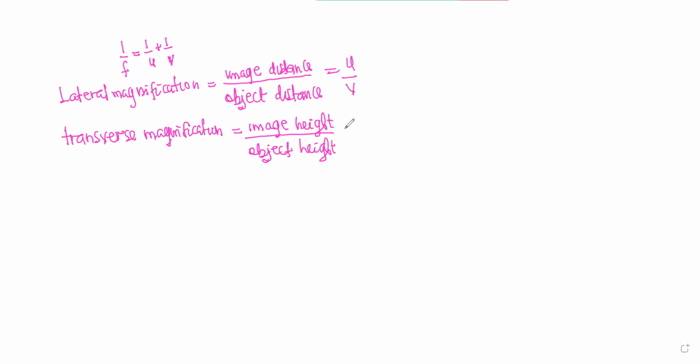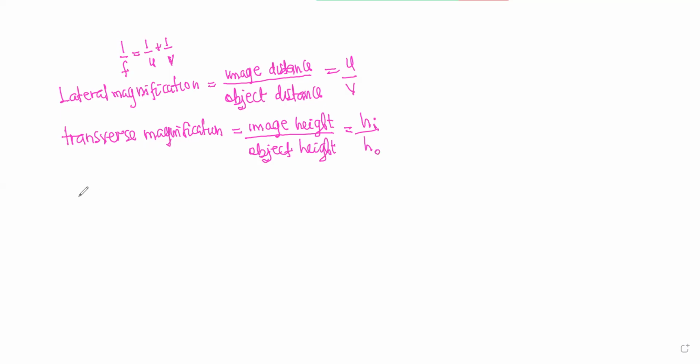In yesterday's ray diagram, we represented image height by H subscript I and object height as H subscript O.